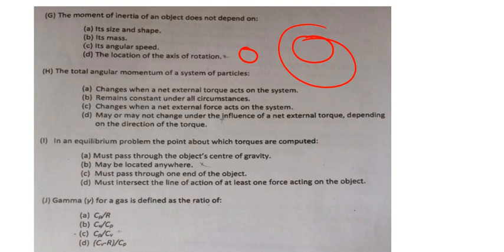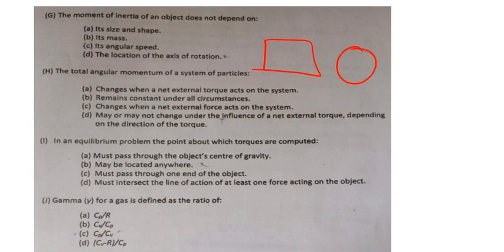So it will be very hard for you to push a bigger object than a smaller object. So the size, and also the shape. Is it a circle, or a ball, any shape? Those are going to affect it.